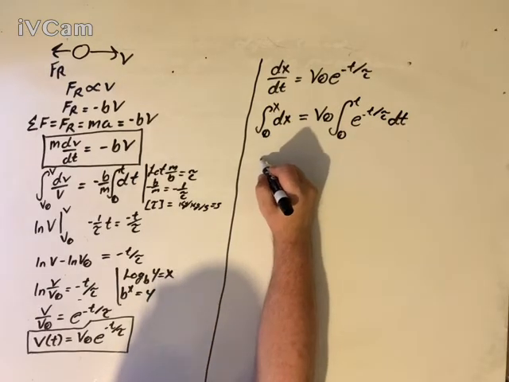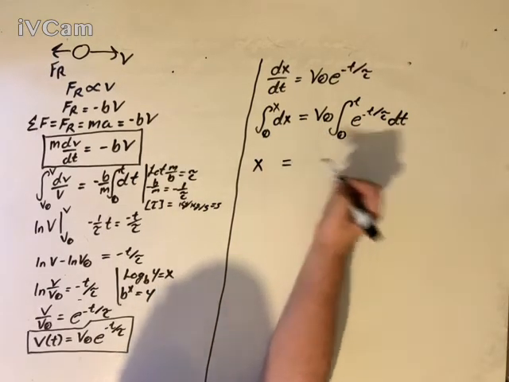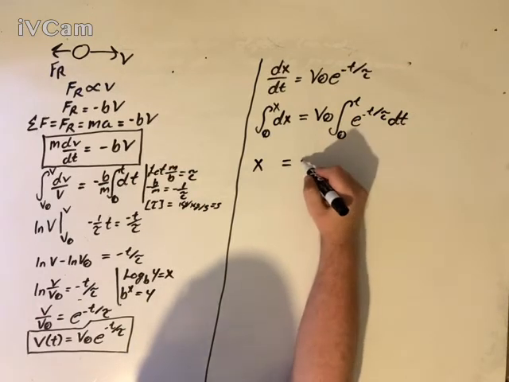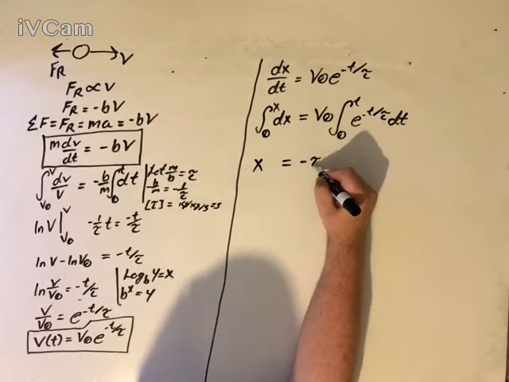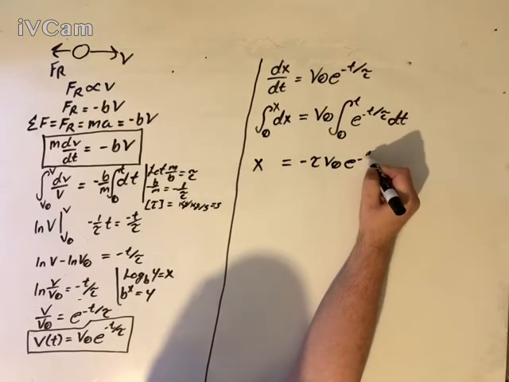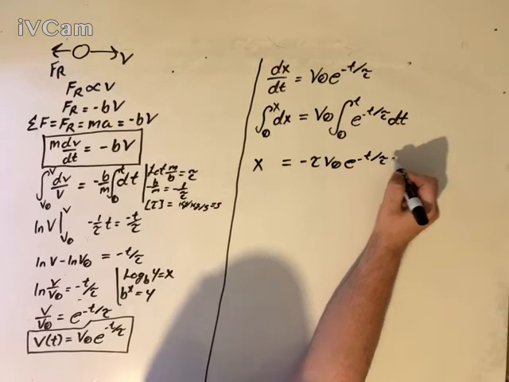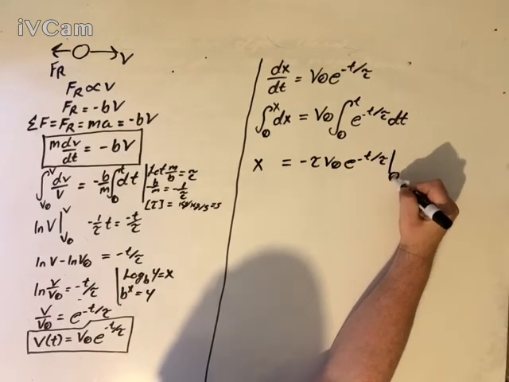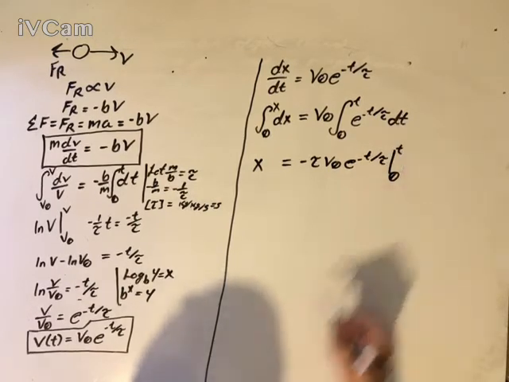On the left, that gives me x, and on the right, this gives me negative tau v sub 0 e to the negative t over tau from the limits of 0 to t.